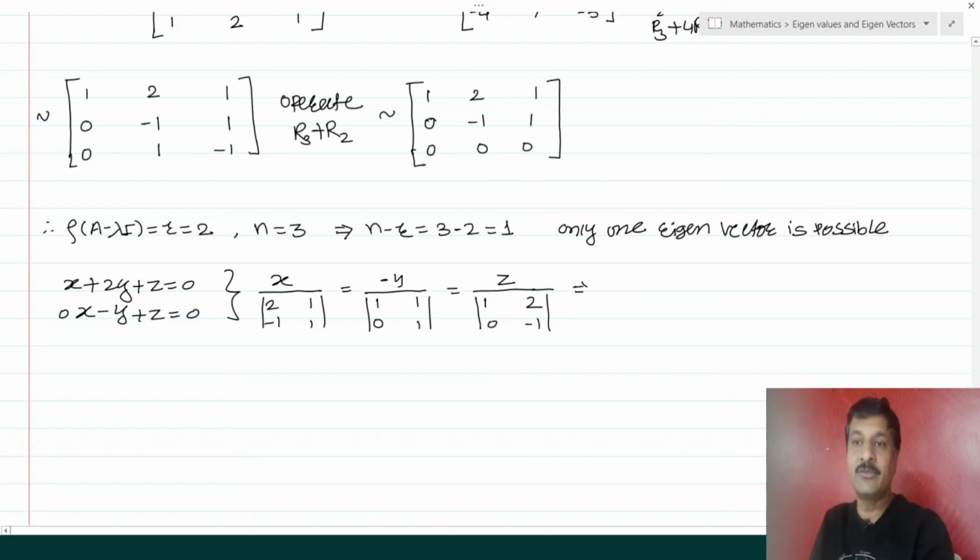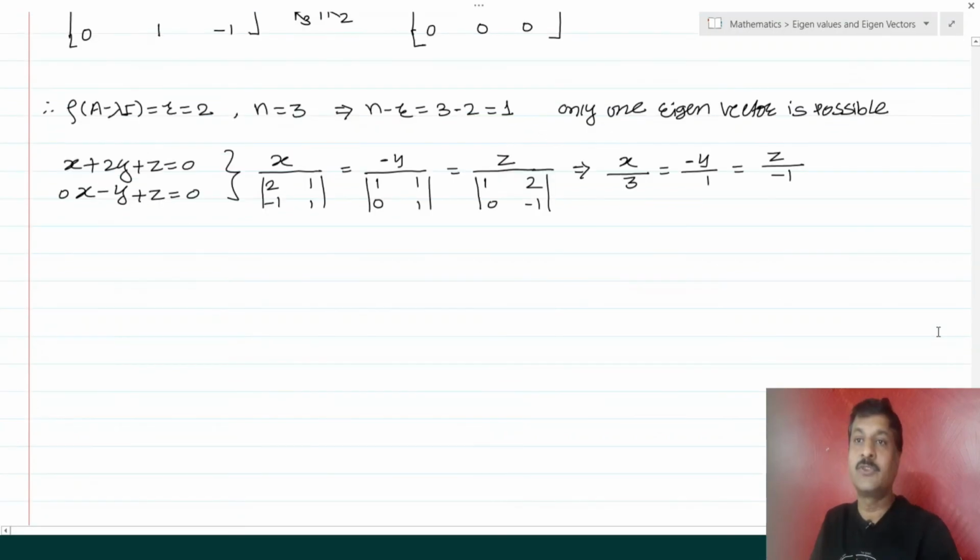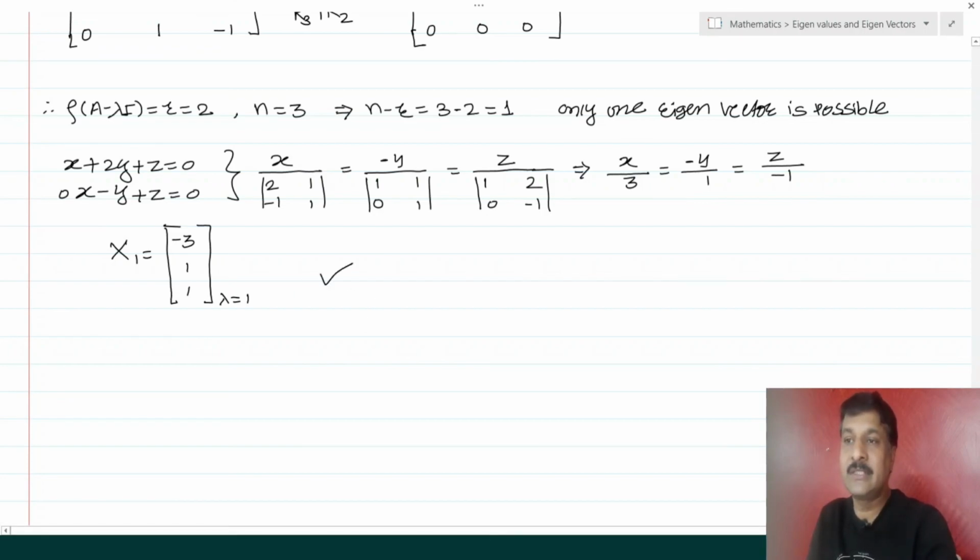So what are the values of x, y, z? x upon 2 plus 1, it is 3; minus y upon 1; and z upon -1. So here 3, -1, -1. Actually I am going to consider the maximum positive, that is why (-3, 1, 1), which corresponds to lambda equal to 1. So note that in this case only one eigenvector is possible. So this is your required answer.